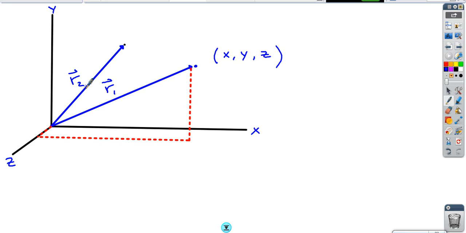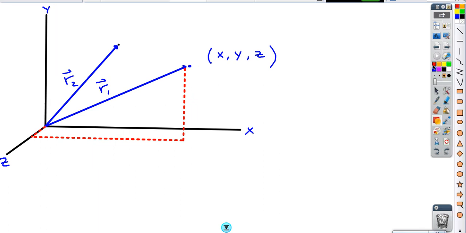So what we can do is draw a vector that has its tail end where r1 started and tip towards r2. So this is what we're going to call the displacement vector.